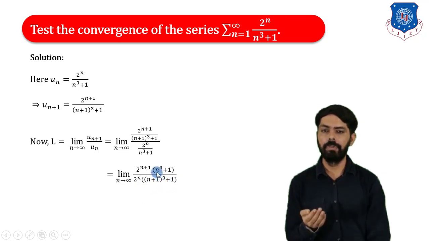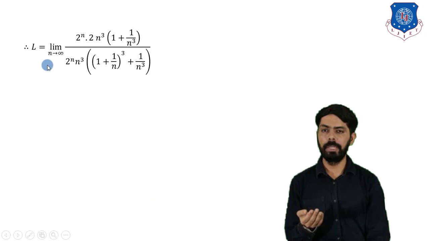Now here we will take n cube common from the numerator, and here we will take n common from the denominator, but here it is 3, so it will be n cube. If we simplify this, then capital L is equal to limit n tends to infinity 2 raised to n into 2 into n cube into (1 plus 1 divided by n cube), whole divided by 2 raised to n into n cube into ((1 plus 1 divided by n) whole cube plus 1 divided by n cube).